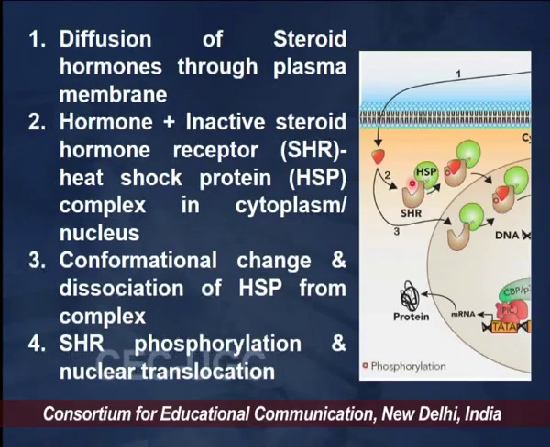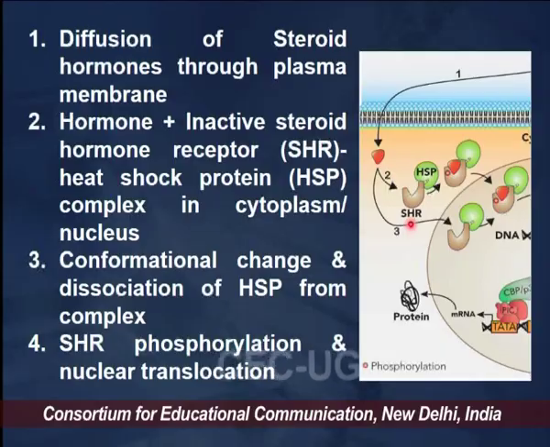I hope you can now recall that I have told you the function of HSP association, which is performed by activation function 2. Unless the receptor is activated by the presence of hormone, it remains inactive by getting associated with heat shock protein. So a complex is formed in the cytoplasm by the receptor and HSP when there is no hormone. Once the hormone comes, it will bind to its receptor.